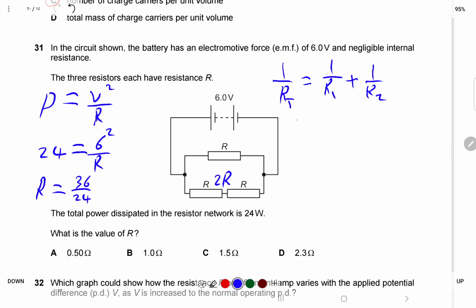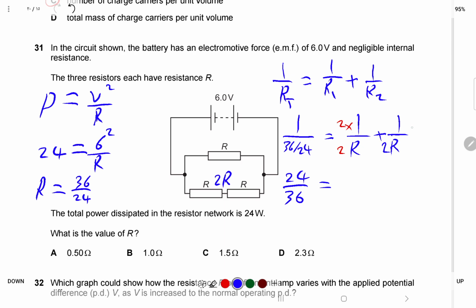Now 1 over R total, which is 36 over 24, is equal to 1 over R1, which is R, plus 1 over R2, which is 2R.